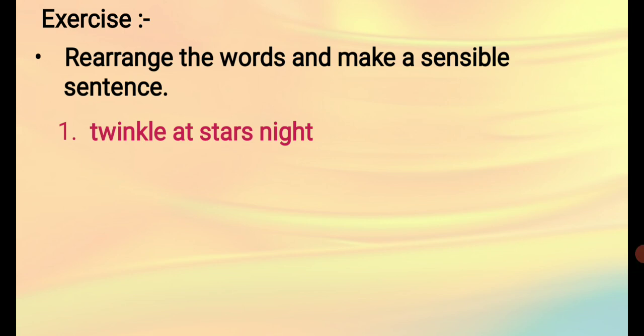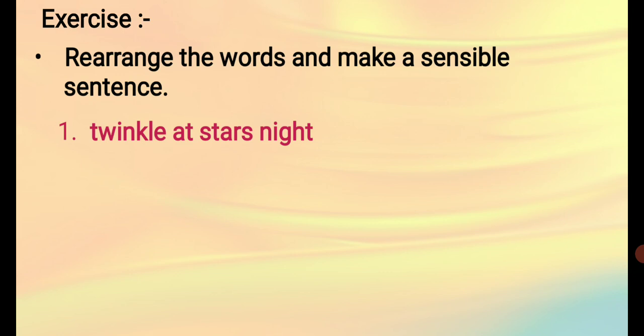So just read this separately. Twinkle at stars night. Now think about it. What is the active part of the sentence? Yes, of course, the stars. We put stars in the first position. Then what will be the action of the stars? Twinkle. Stars twinkle. And the rest of the sentence is at night.